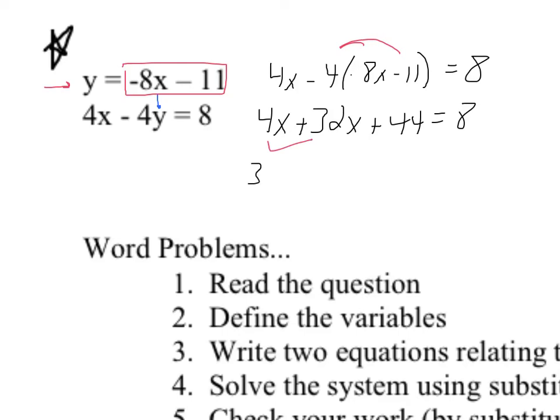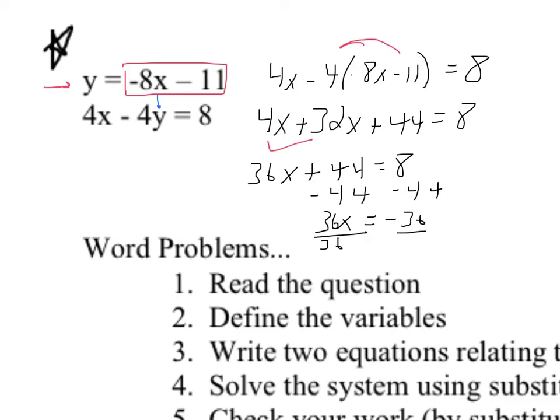We have 36x plus 44 equals 8. Subtract 44. We have 36x equals a negative 36. Divide by 36, and x equals 1.